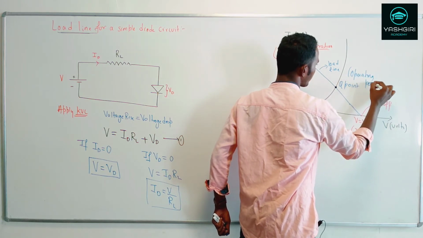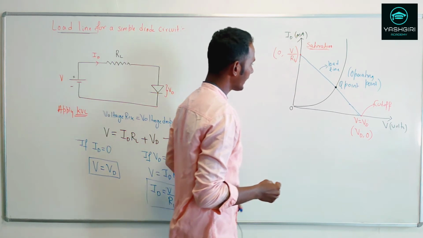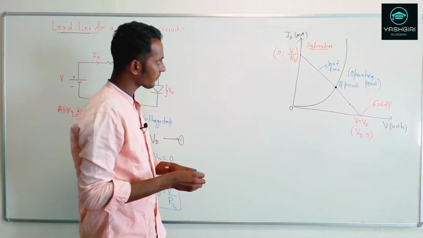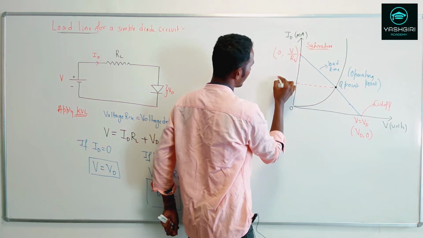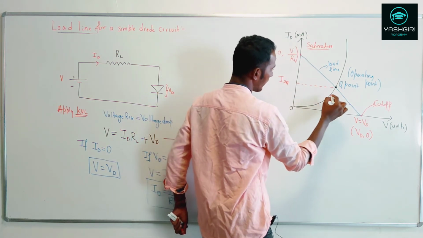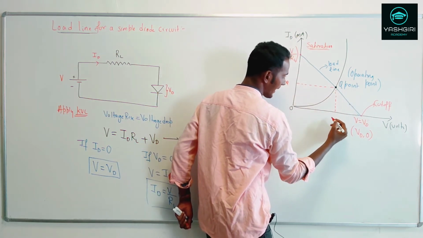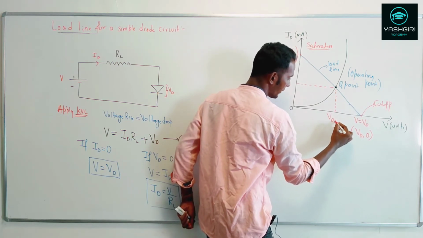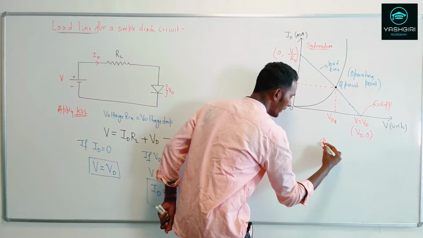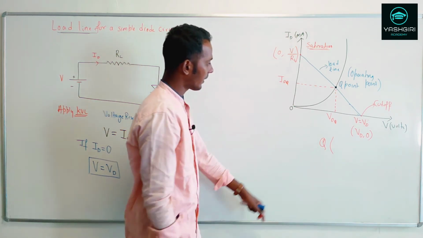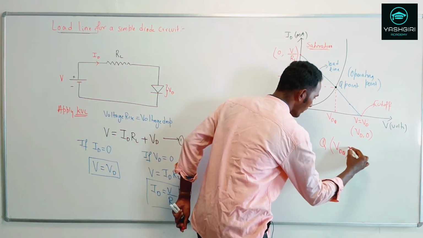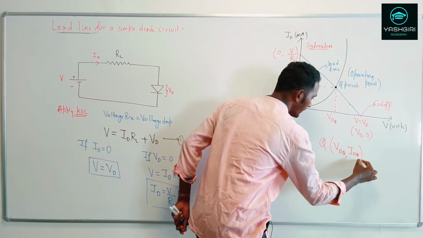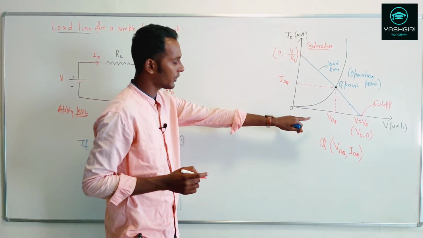If I want to show the corresponding current and voltage, this is my IDQ, and the corresponding voltage on the x-axis is my VDQ. So the coordinate for the Q point is VDQ comma IDQ.